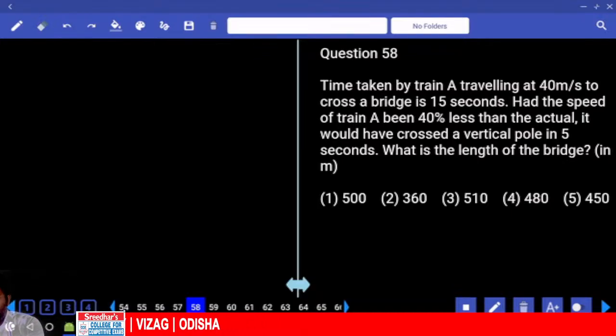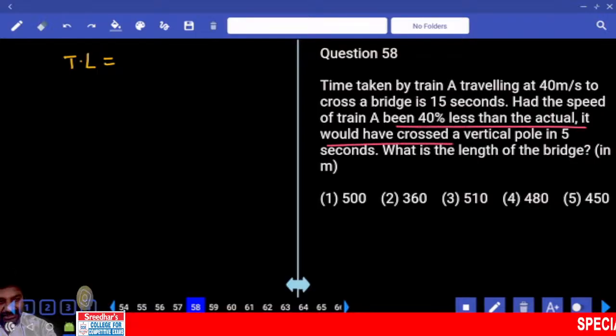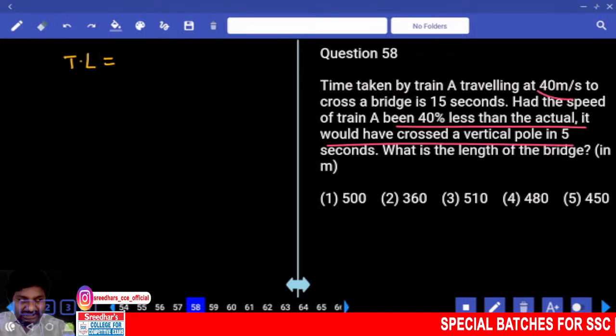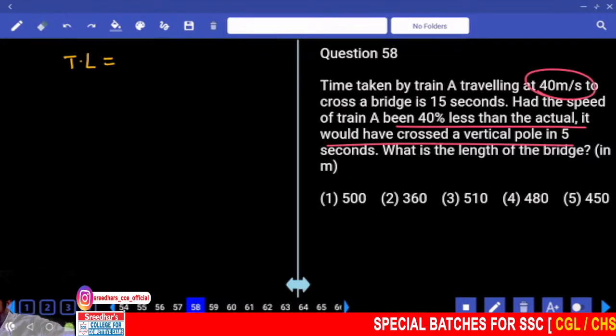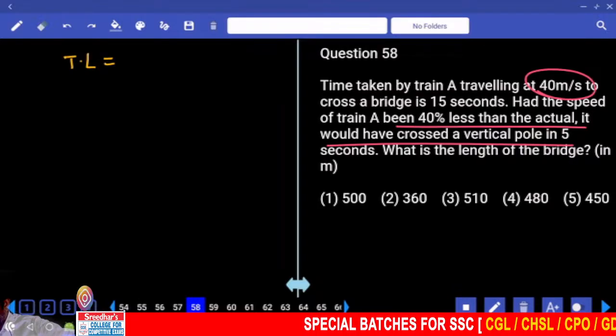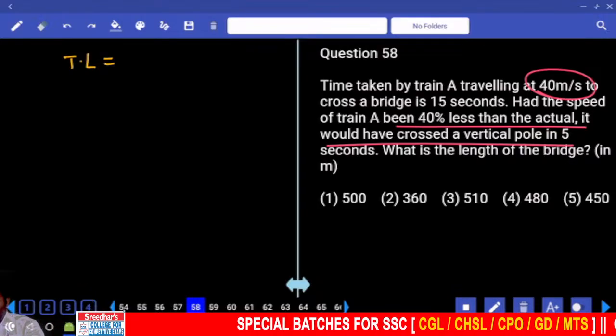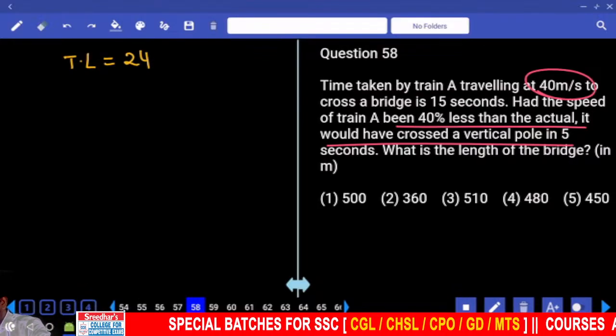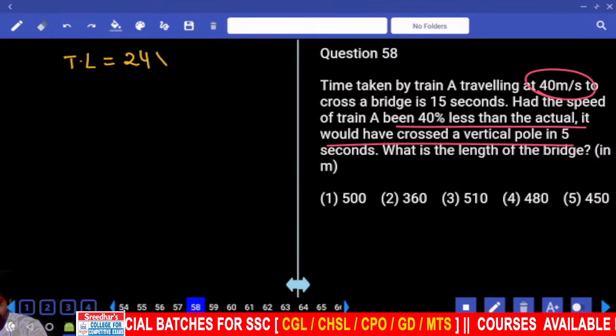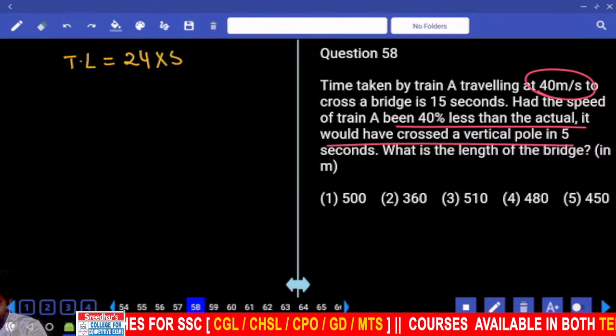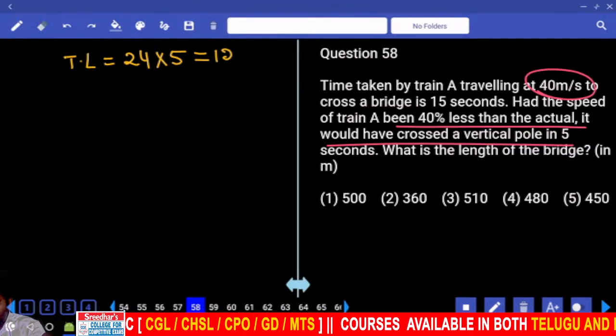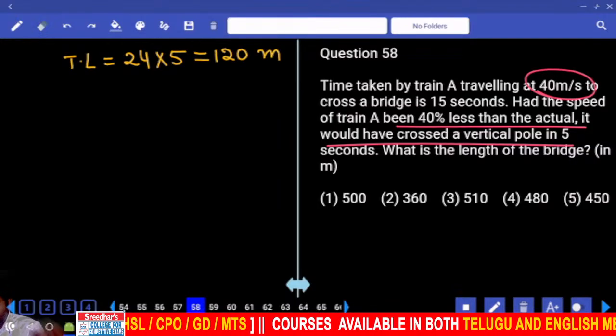So the train length is equal to distance covered in the second case, where the speed is reduced by 40%. What is initial speed? 40. 40% of it is 16. 40 reduced by 16 is 24 meter per second, and it covers the vertical pole in 5 seconds. Then train length is equal to 120 meters.